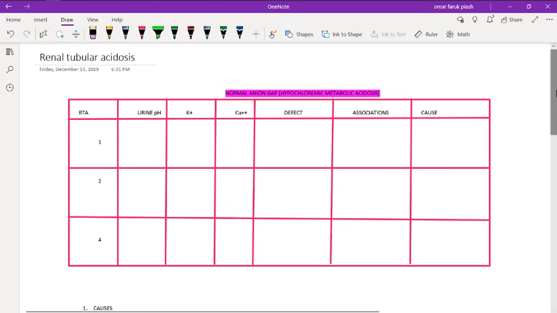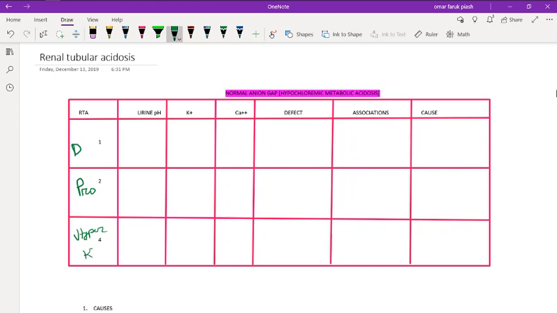Now I would like to talk about renal tubular acidosis. There are type 1, type 2, and type 4. Type 1 is distal, type 2 is proximal, and type 4 is called hyperkalemic tubular acidosis.